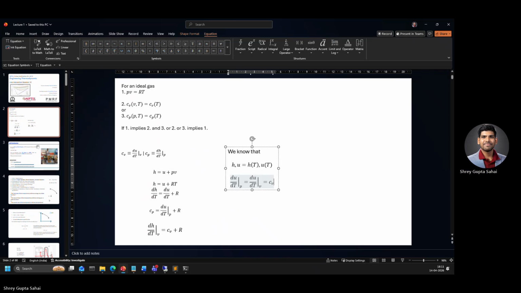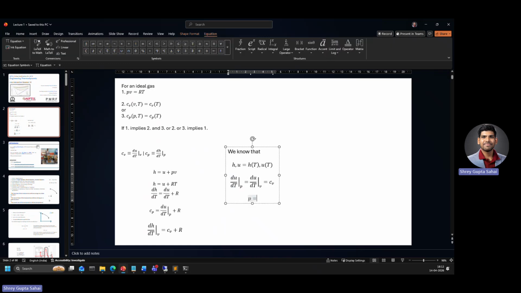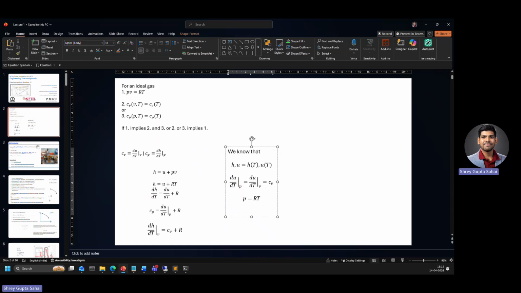Can we show this pretty easily? Let's see. P equals RT by V. Let me correct that.